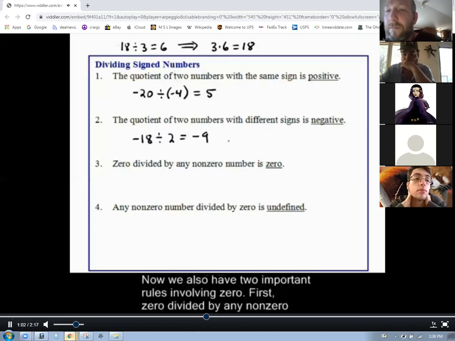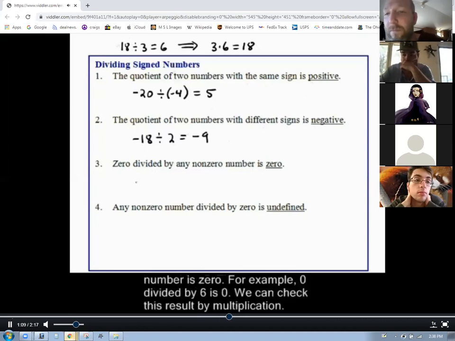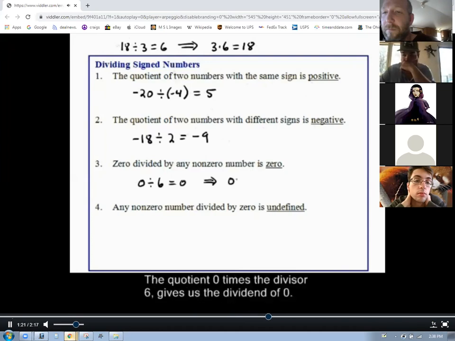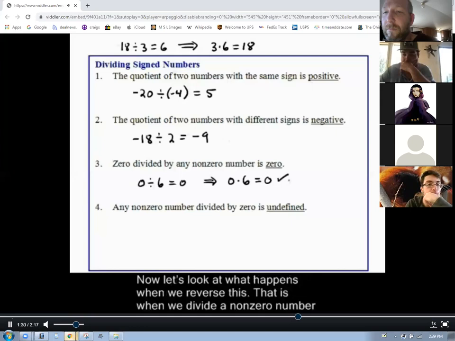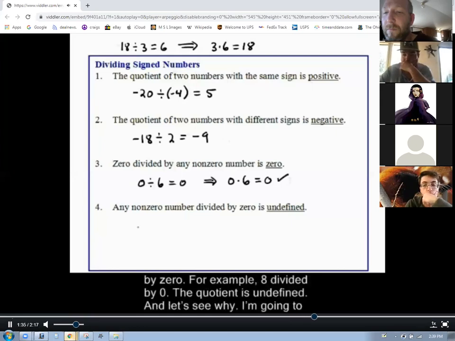Now we also have 2 important rules involving 0. First, 0 divided by any non-zero number is 0. For example, 0 divided by 6 is 0. We can check this result by multiplication. The quotient 0 times the divisor 6 gives us a dividend of 0. Now let's look at what happens when we reverse this. That is, when we divide a non-zero number by 0. For example, 8 divided by 0.